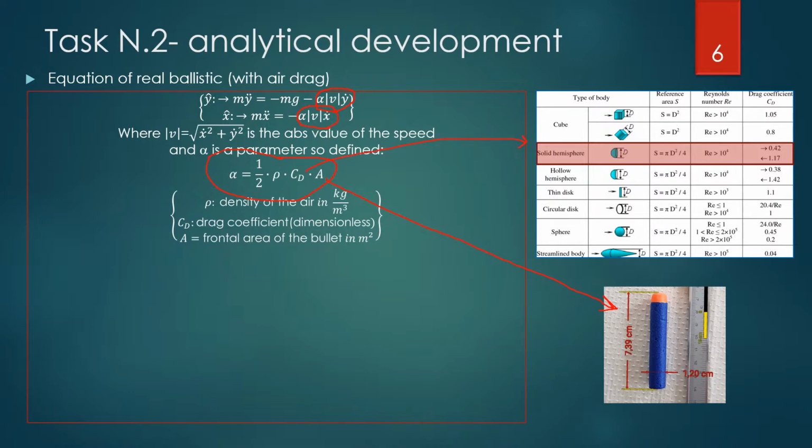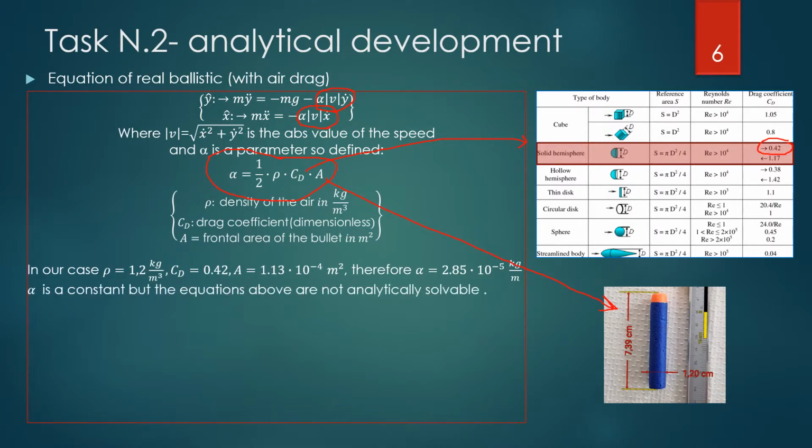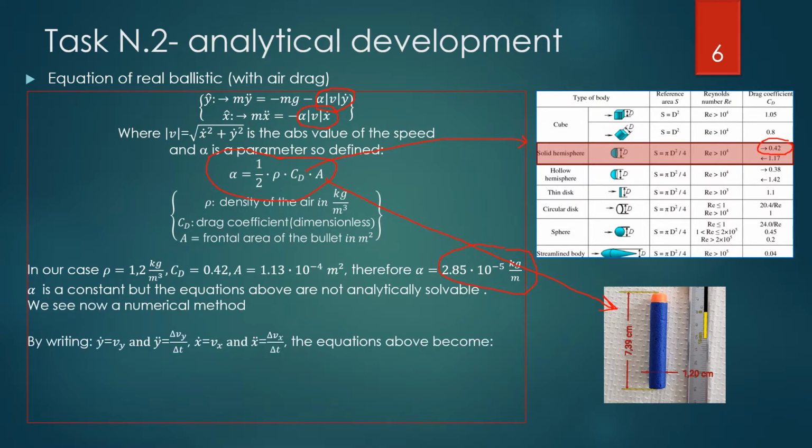In this case, it's 0.42 dimensionless. It's depending upon the shape of the bullet. This is a number, a parameter, which is a constant in our equation, but the equation is not numerically solvable. We can only find a numerical way. Sorry, it's not analytically solvable.